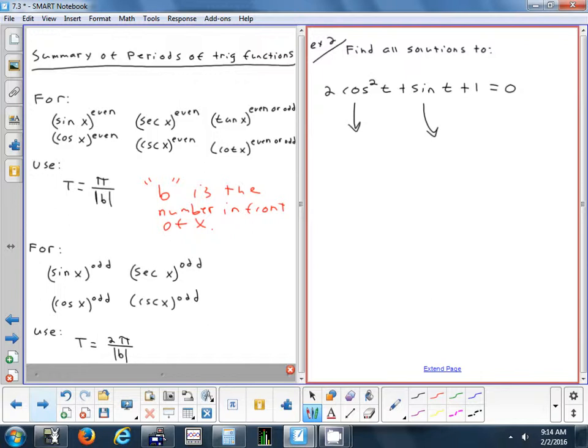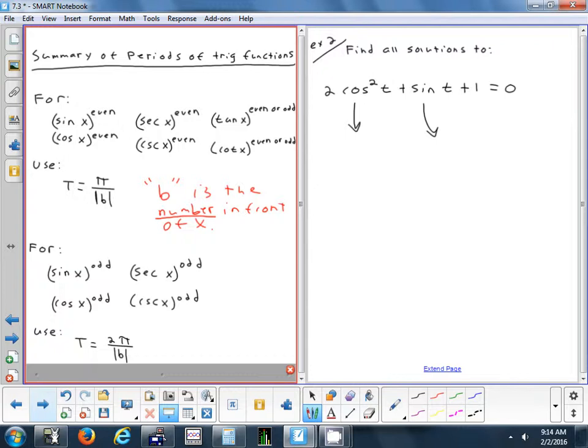Well, b's got to be a number, remember? 1. That's cosine squared 1t. We usually don't write the 1 if it's just a 1. So we use this formula, which is correct. In this case, b is 1. So what's the period of cosine squared? Pi.